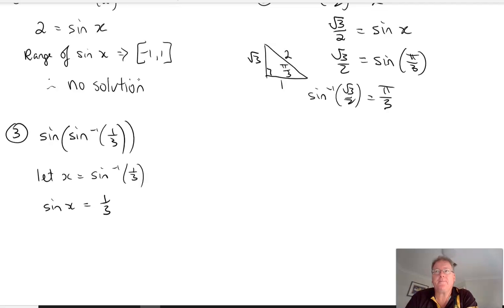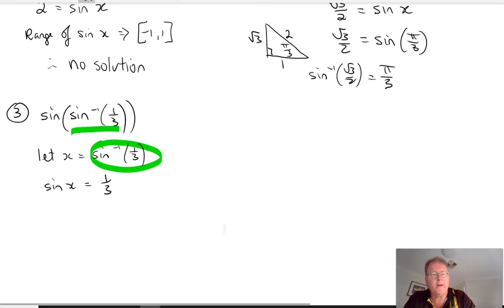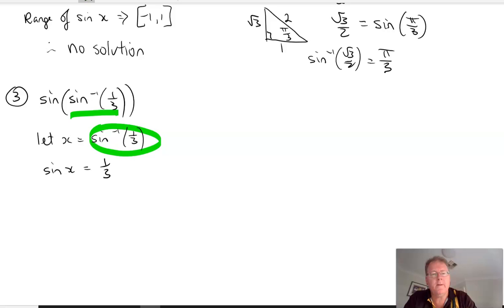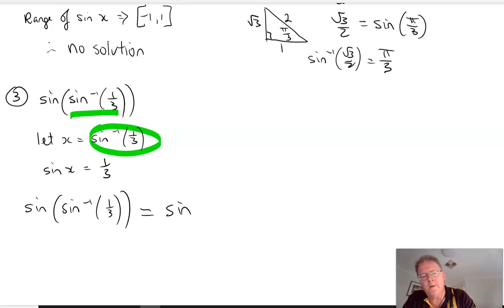Then we're going to substitute that. So we've actually said that the sine of sine minus 1 of a third is equal to the sine of x.